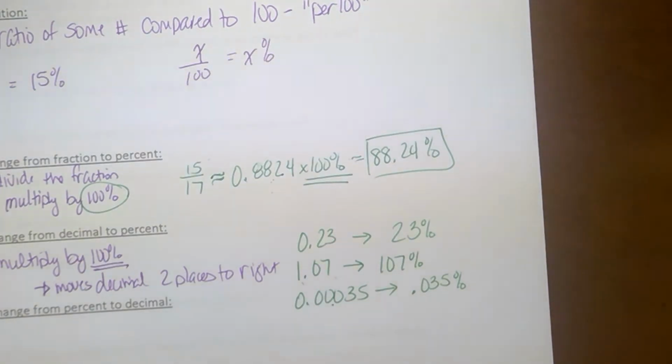Now, I can't eat more than 100% of the pizza, and I can spend more than 100% of my money. If I have credit, I can go into debt, right? But I can have more than 100% increase in something. So let's say that I was working part-time and then I got a better job and it was full-time.